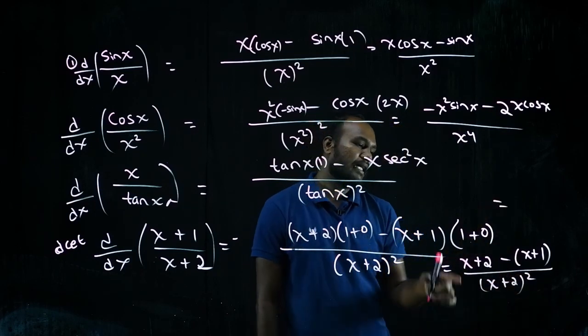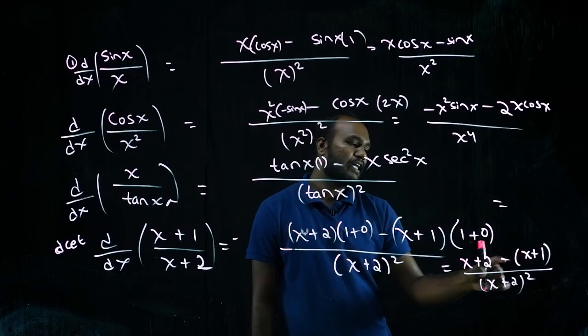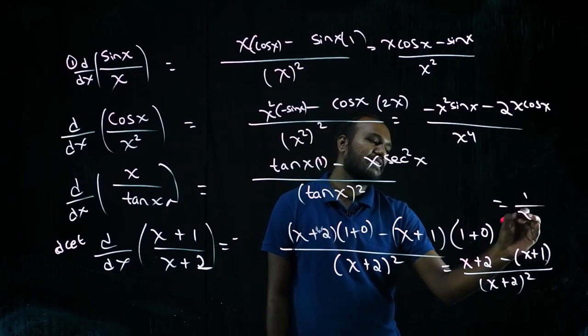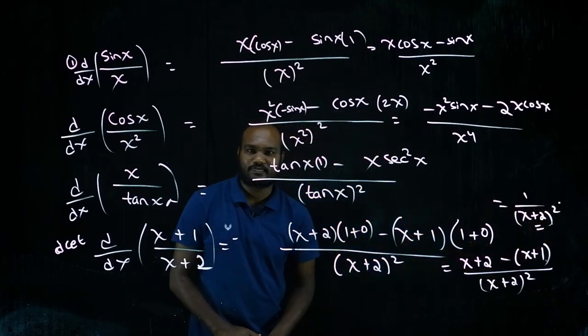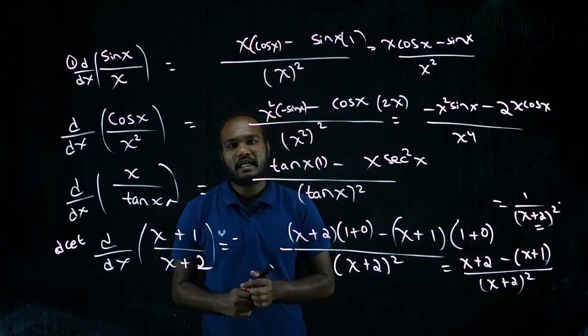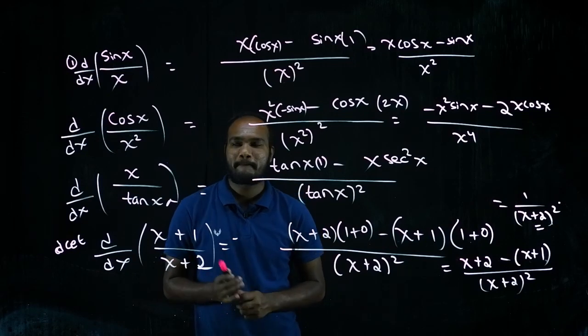So result ಏನಾಗುತ್ತೆ, x minus x 0, 2 minus 1 is 1. So 1 by x plus 2 whole square. DCET question. Is that simple? Solve ಮಾಡ್ಲಿಕ್ಕೆ ಆಗ್ತದಾ ಪಕ್ಕಾ? ಚಾಲ.